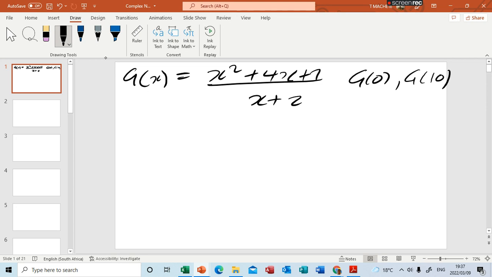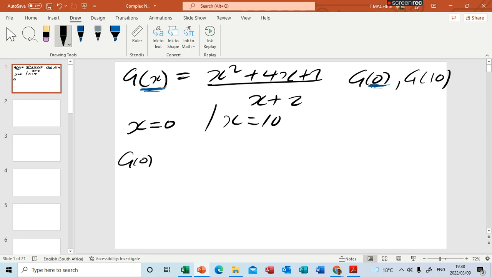Look at this. When they say g of 0, you go to g from the original formula. Where there is x, they replaced it with 0. So this simply tells you that x is equal to 0 or x is equal to 10. So where there is x, you're going to put 0 and 10.